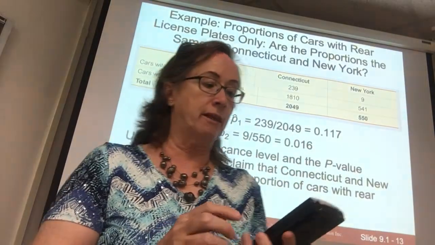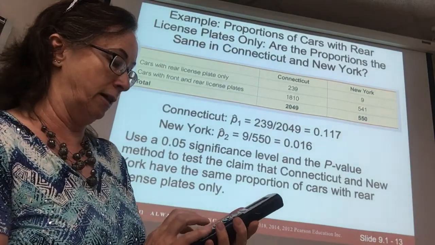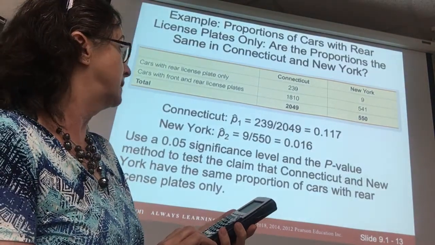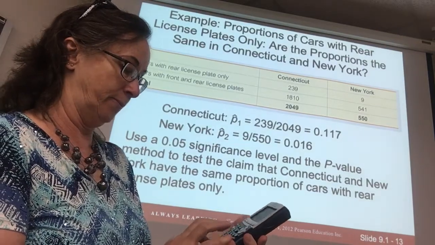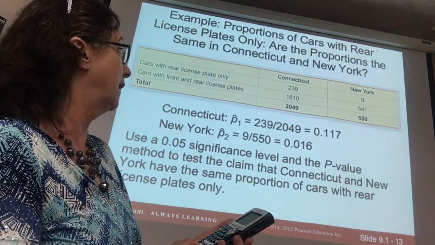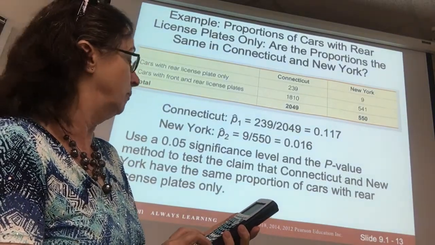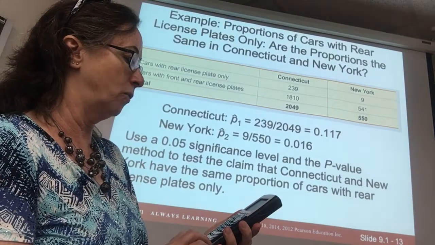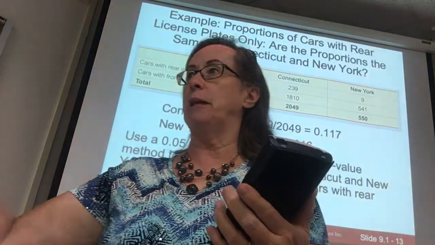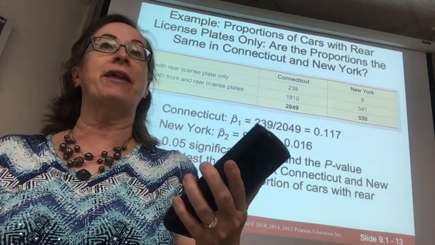So you're going to click those in. We say x1 is 239, n1 is 2049, x2 is 9, and n2 is 541. Then we use the not equal to P2 option. They've got less than and greater than. In other words, what are they asking you?